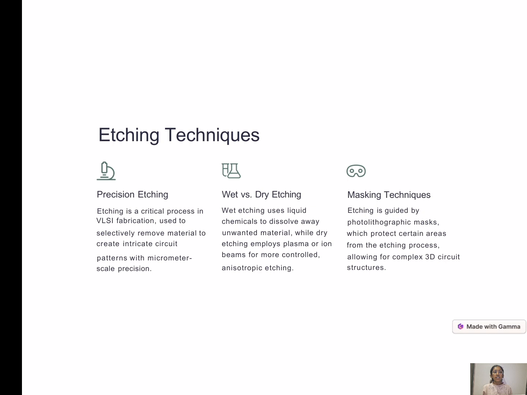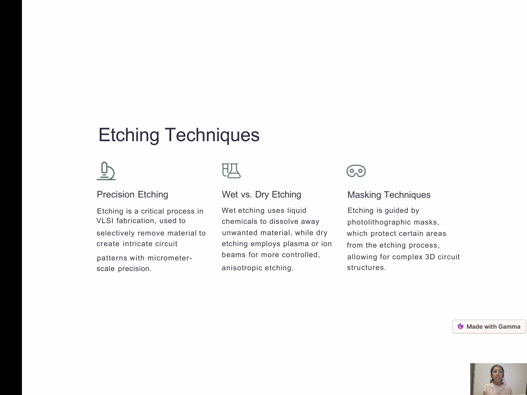Now, etching techniques, that is precision etching. Etching is a critical process in VLSI fabrication used to selectively remove material and create circuit patterns with micrometer-scale precision. There are two types, wet versus dry etching.